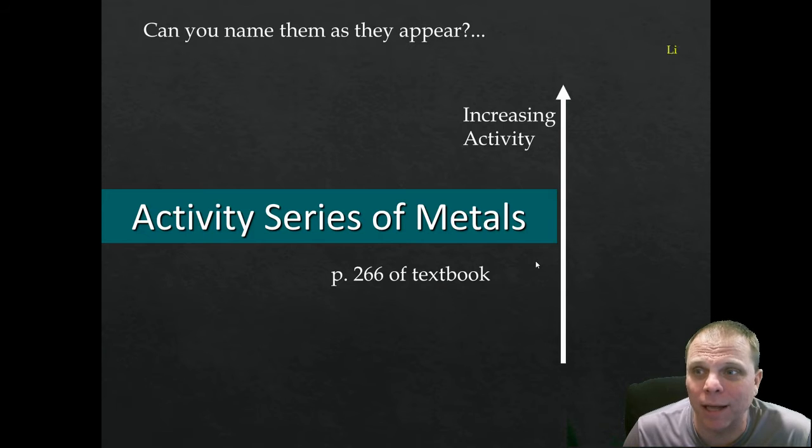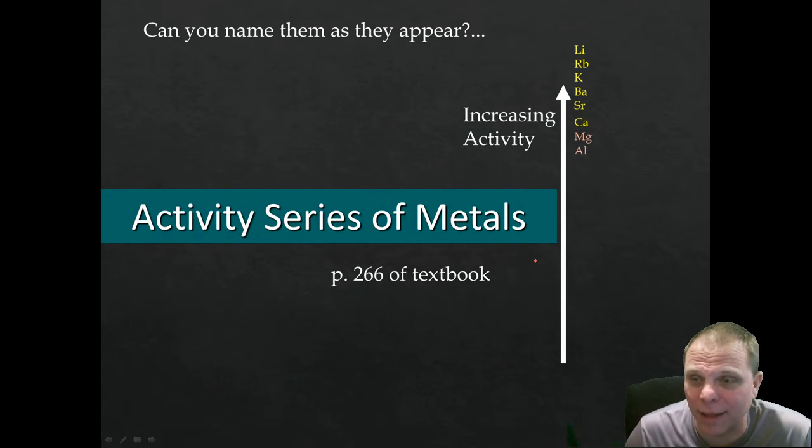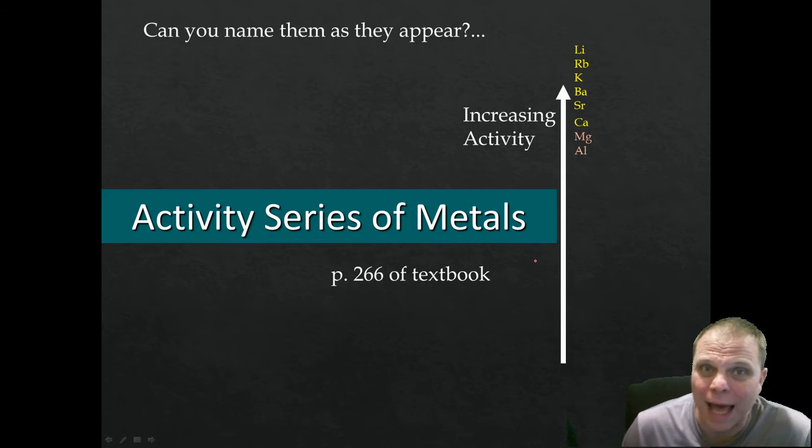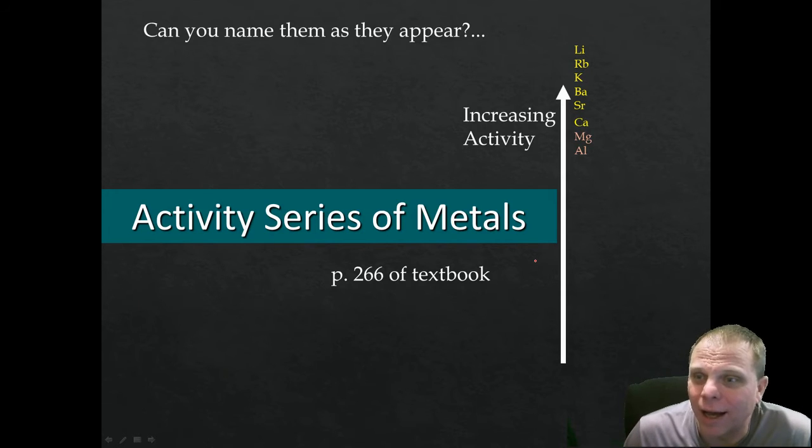All right, so can you name these as they appear? Ooh, how good are you at naming these elements? Okay, I'll just let you say them in your head as we go, and I'll delay before I say mine. All right, so lithium, rubidium, potassium, barium, strontium, calcium, magnesium, aluminum. No, aluminum. It's a good story behind why we call it aluminum instead of aluminium like most of the rest of the world calls it.